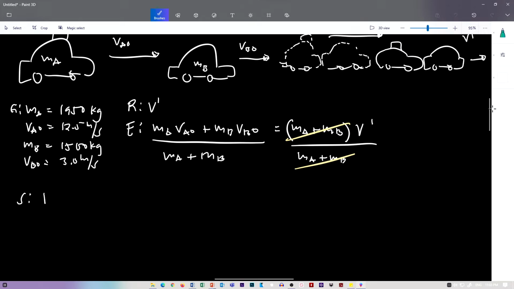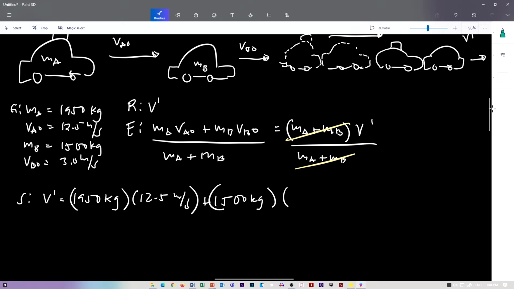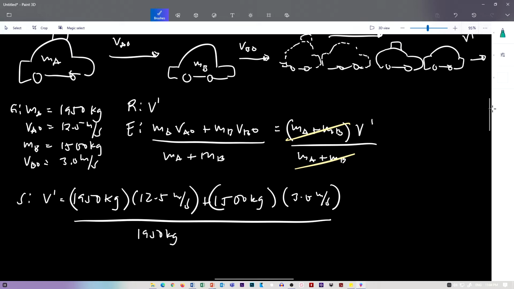So for our solution, we have final velocity is equal to, what's our m sub a? 1950 kilograms multiplied by 12.5 meters per second plus 1500 kilograms multiplied by 3 meters per second, all divided by m sub a, 1950, plus m sub b, 1500.